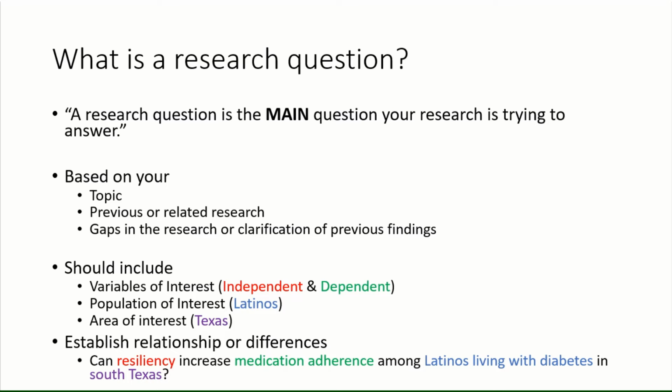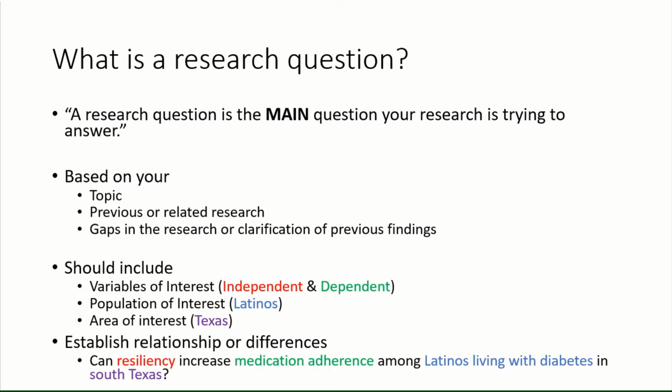Here's an example. Can resiliency increase medication adherence among Latinos living with diabetes in South Texas? As you can see, it is in the form of a question. You can also tell that I'm trying to investigate whether someone's personal resiliency is going to make a difference on them actually taking their medication to treat diabetes.